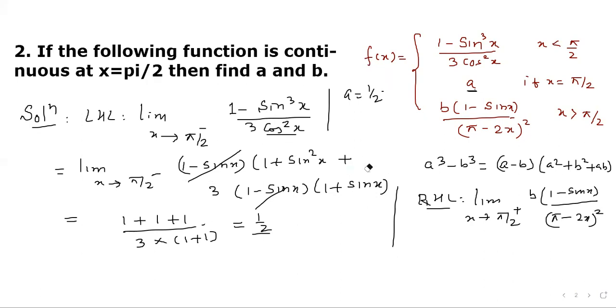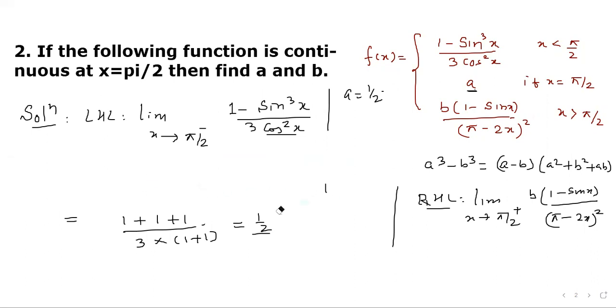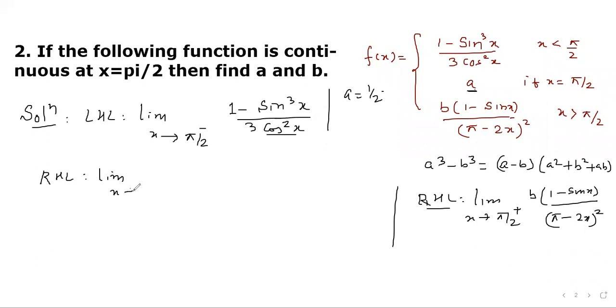So RHL will be equal to limit x tends to pi by 2 plus of b into (1 minus sine x) divided by (pi minus 2x) whole square.